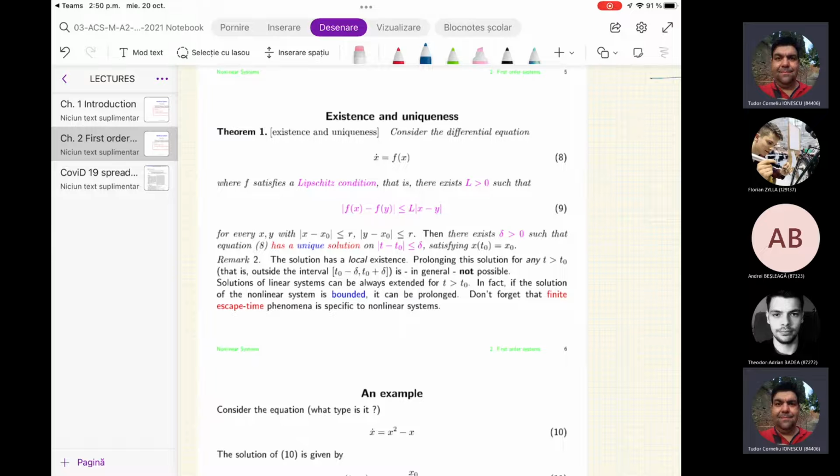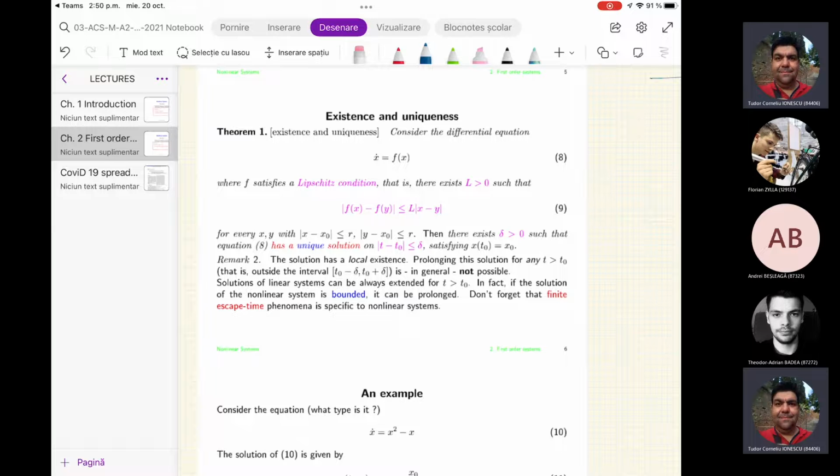Then there exists delta positive such that equation 8 has a unique solution on this neighborhood, if the distance between the initial moment and the moment t is less than delta. So this is local.